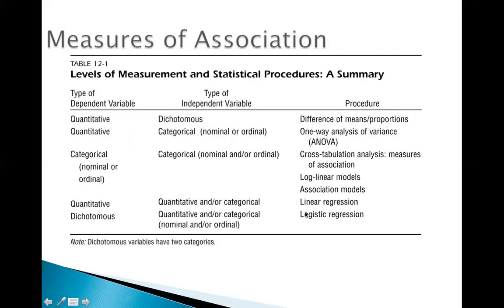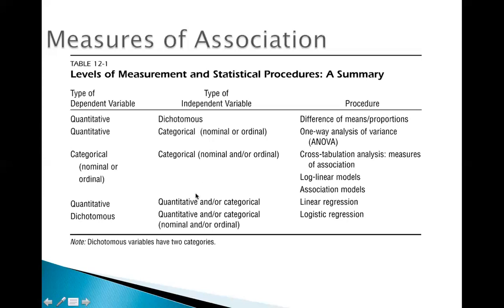Today in particular, we're going to focus on this linear regression, looking at a dependent variable that's quantitative. And what they mean by that here is ordinal or ratio. For those of you who have a dichotomous dependent variable, we would look to logistic regression instead, and I will explain more about that next week.